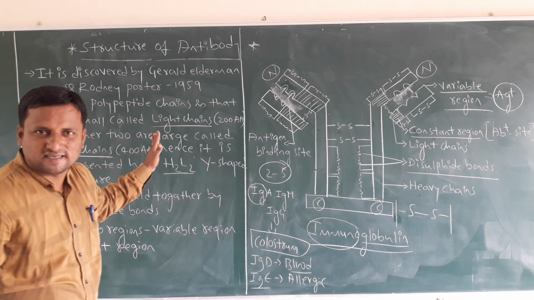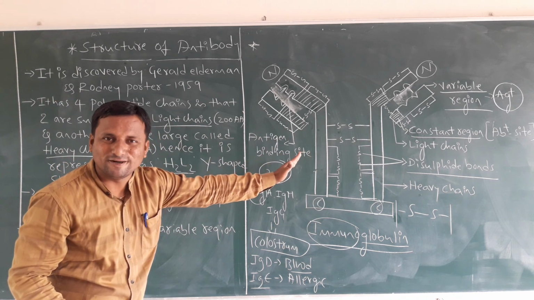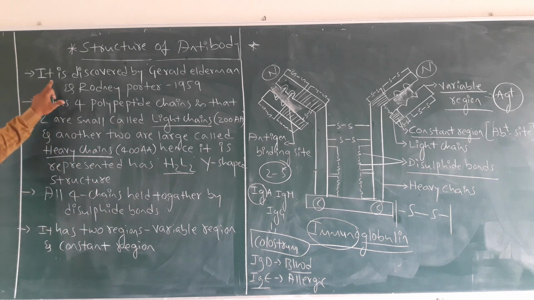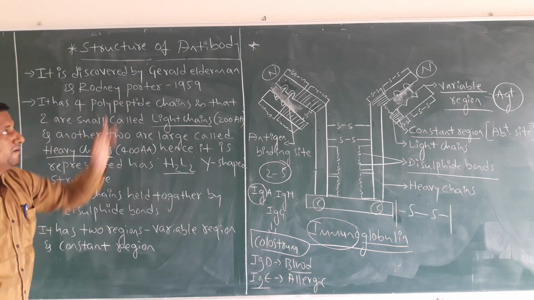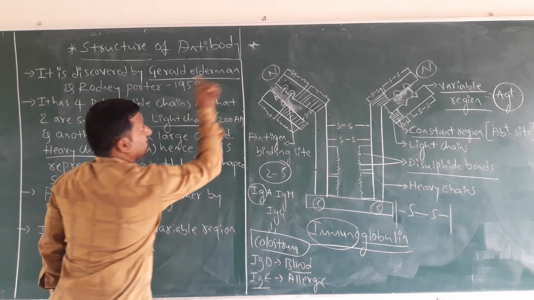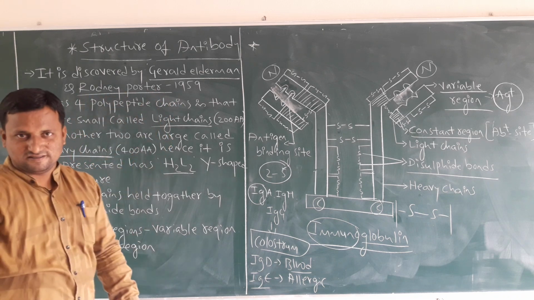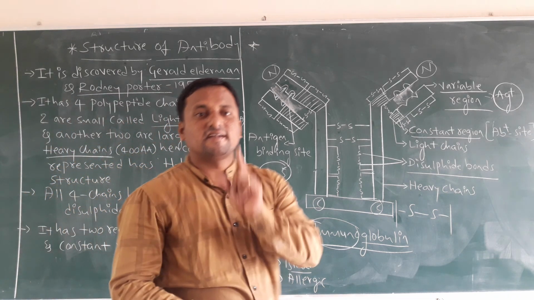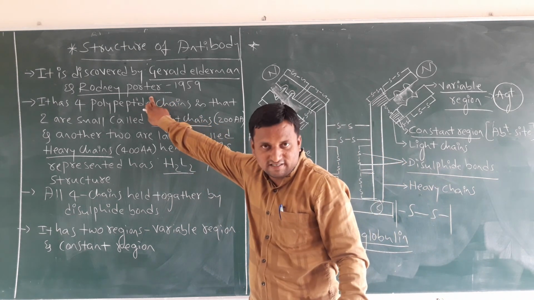What are the points related to antibody molecules? The first point is very important. Who discovered this? It was discovered by Gerald Edelman and Rodney Porter. Two scientists, Gerald Edelman and Rodney Porter.